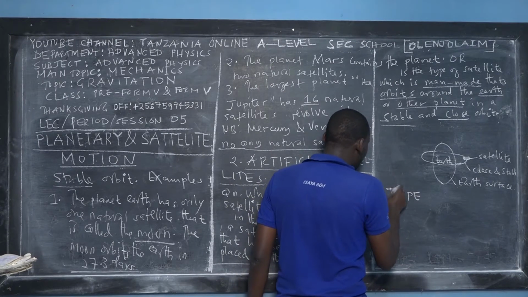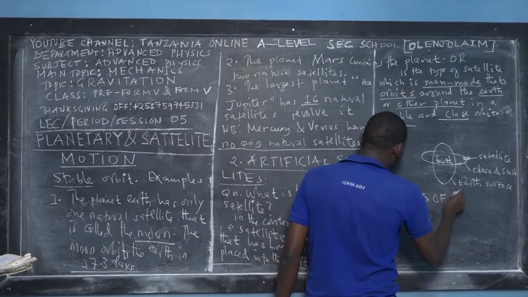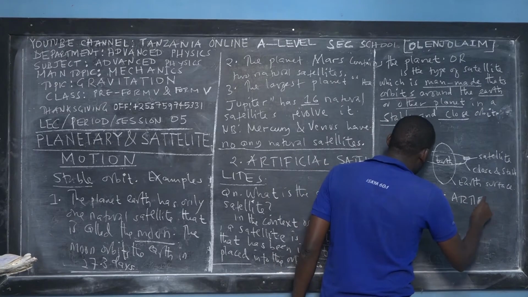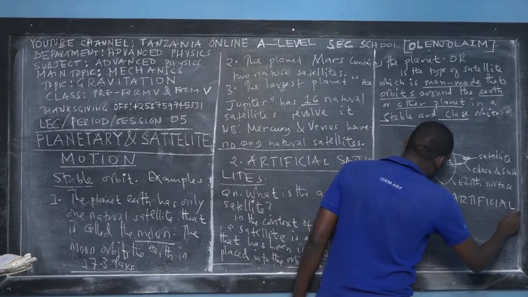We have 8 types of artificial satellites.